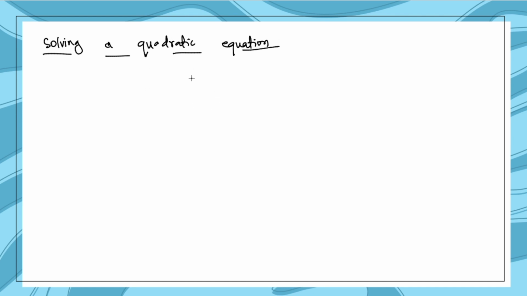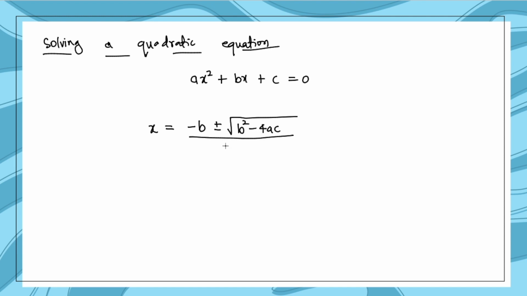If you have a quadratic equation of the form ax square plus bx plus c equals 0, where a, b and c are constants, a is the coefficient of x square, b is the coefficient of x, c is a constant. Quadratic means the power is 2. Alright. So the solution of this equation will be x equals minus b plus minus under root b square minus 4ac, divided by 2a.